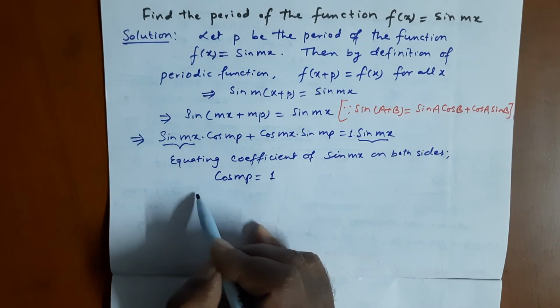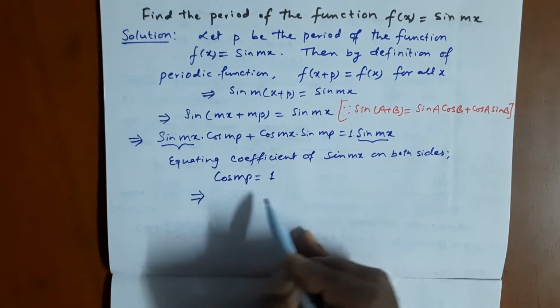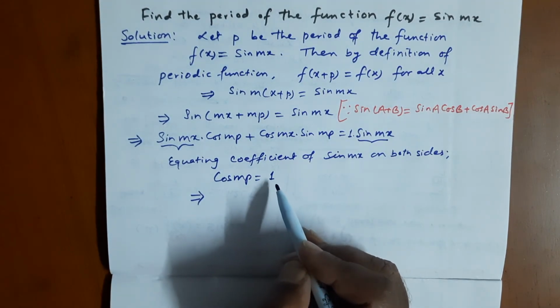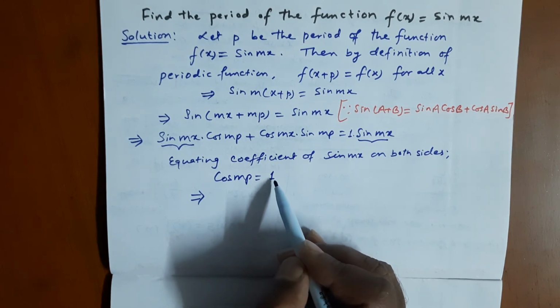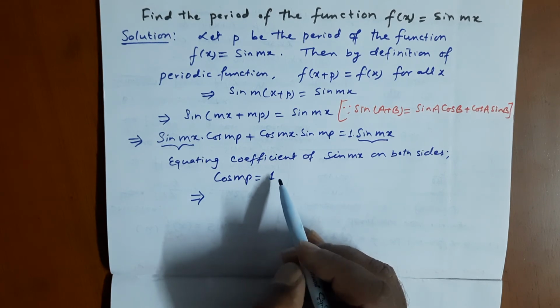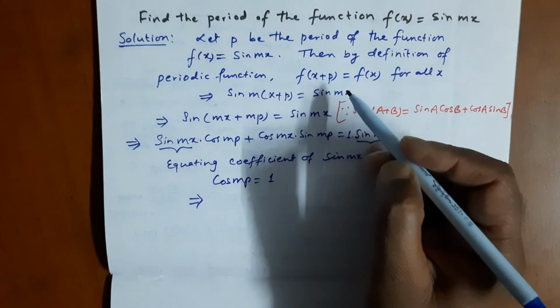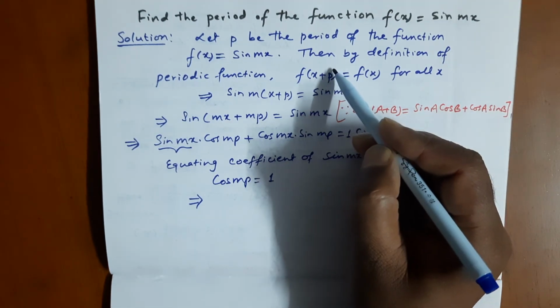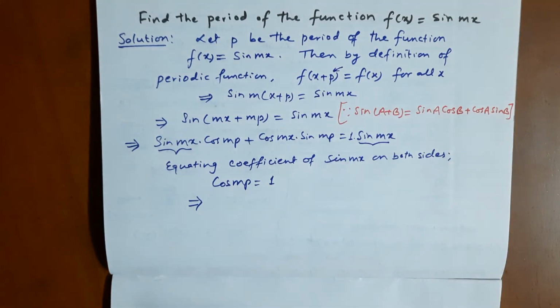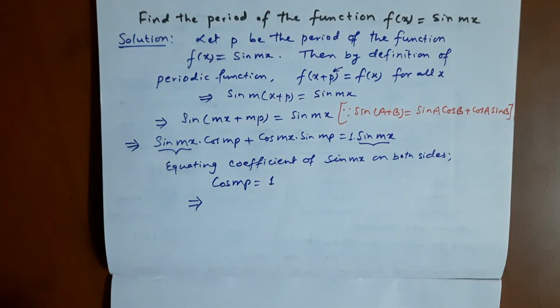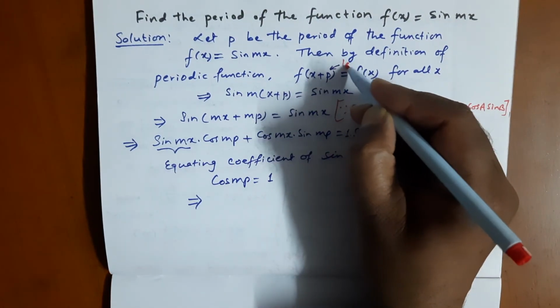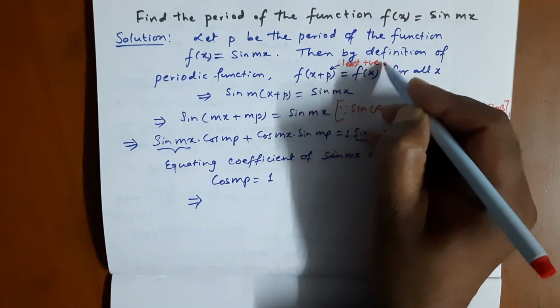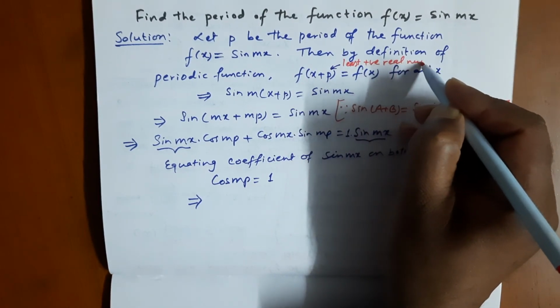And this implies 1 is the value of cos 0 degree and 1 is the value of cos 2 pi also, 360 degree also. But according to our definition, this p must be the least positive real number.